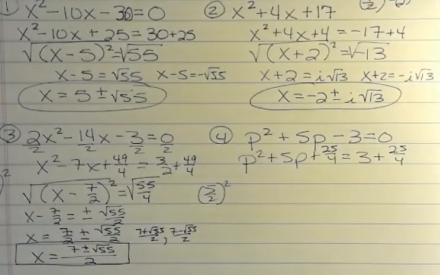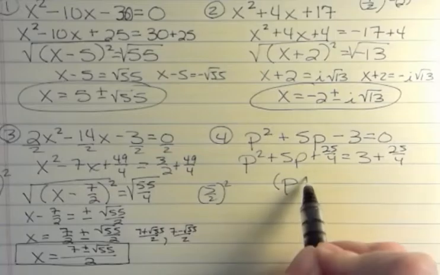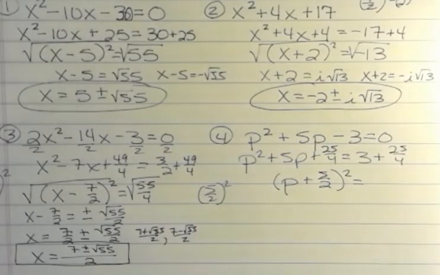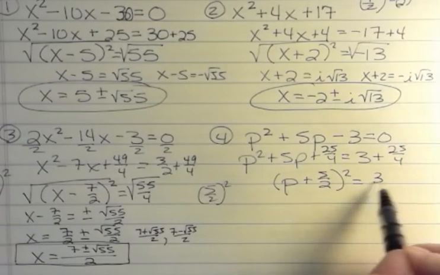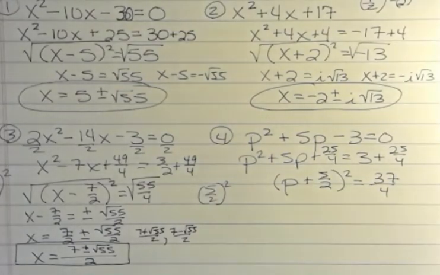Notice I'm not doing one add and one subtract. I want to do the same thing on both sides so it's balanced. And then I have p plus 5/2 squared. And then I have 37/4. Is that right? I think it is. You can do that on your calculator to check.